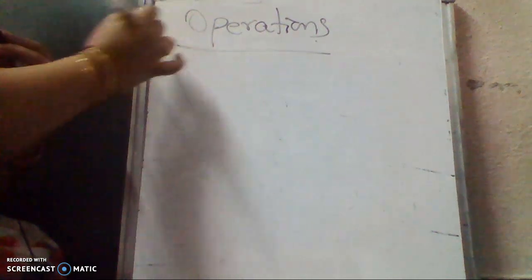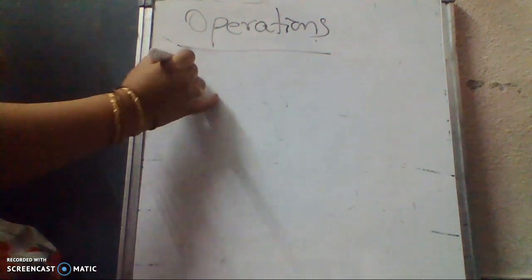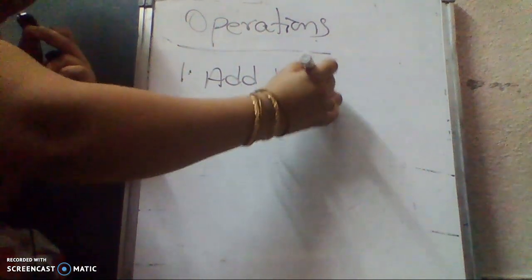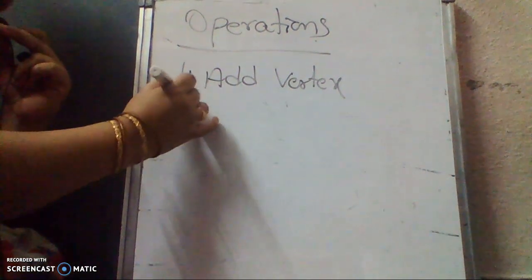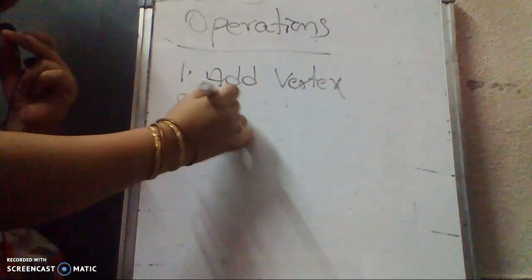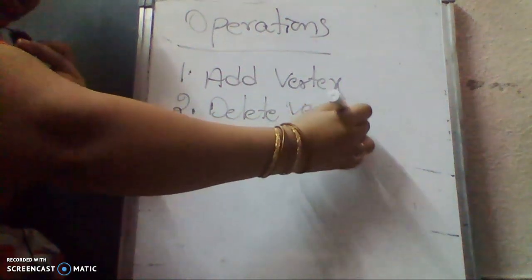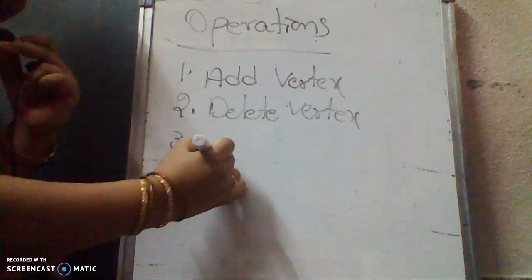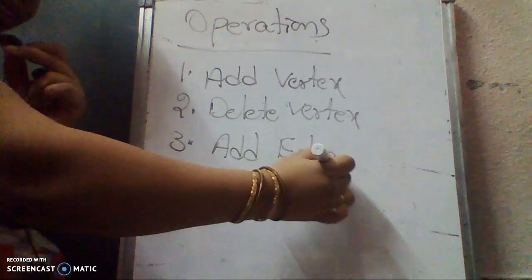Operations on the graph. Generally we have 6 operations in the graphs. The first operation is add vertex: add the vertex to the graph. Second operation is delete vertex: delete the vertex from the graph. Third operation is add edge: add edge to the graph.